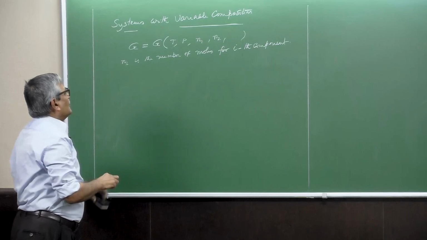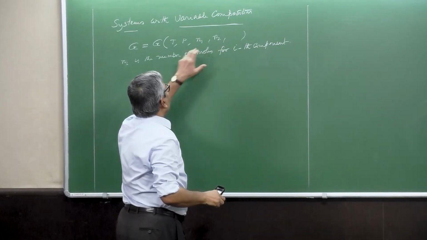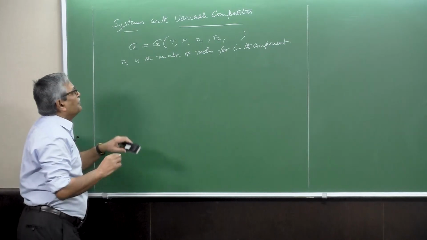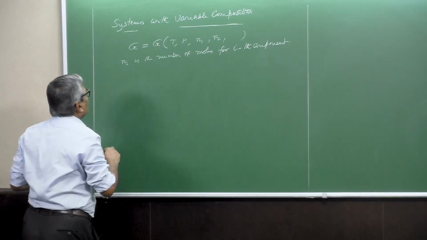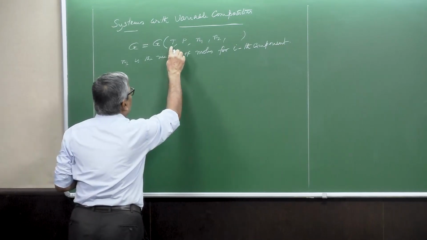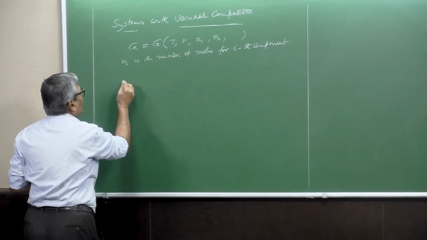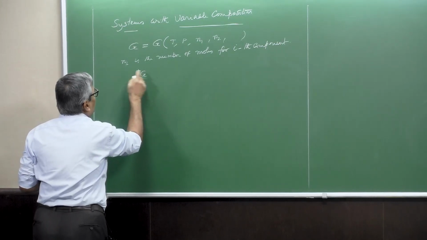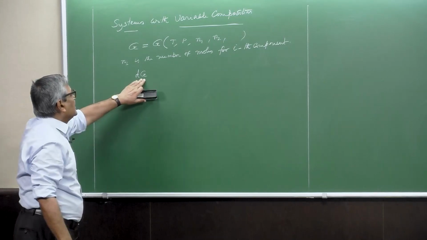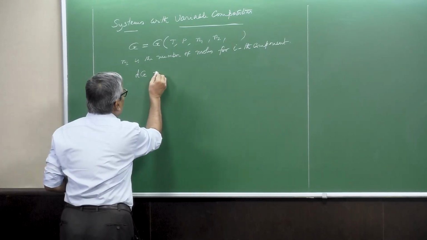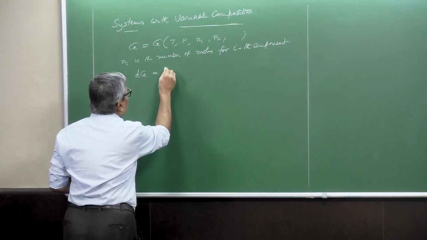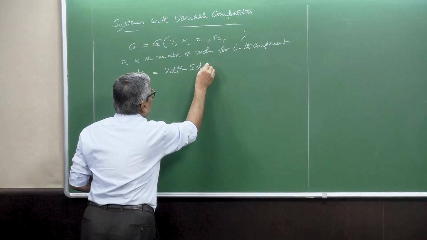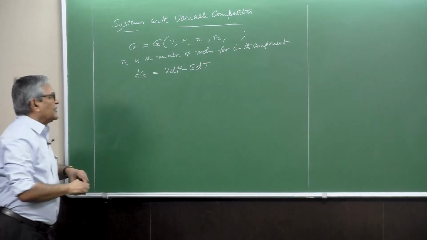So G is a function of all these components, and as usual a function of temperature and pressure. We know how to handle a single component system when we have only the variation of temperature and pressure. So I can write the change in Gibbs free energy as dG equals V dP minus S dT, which we derived some time back.